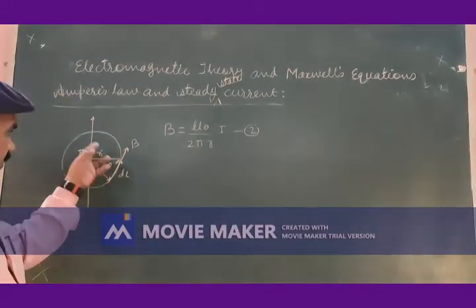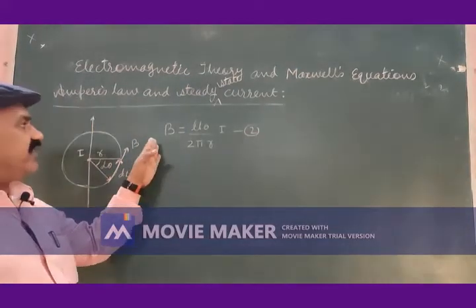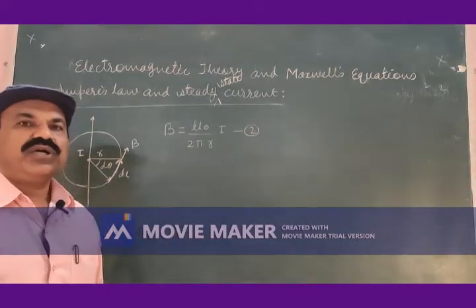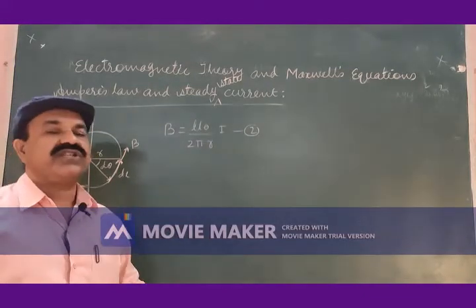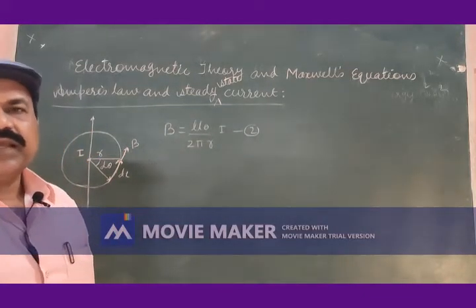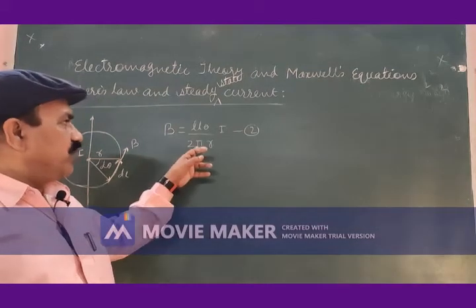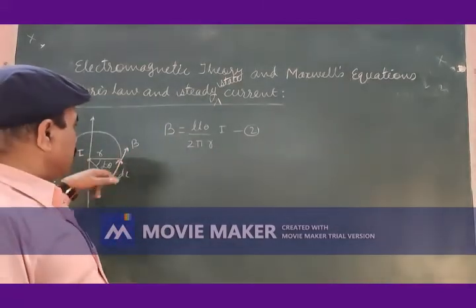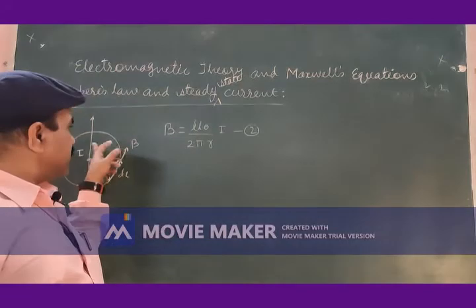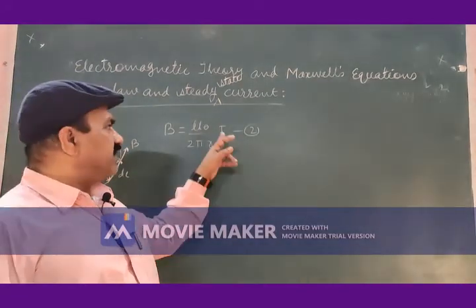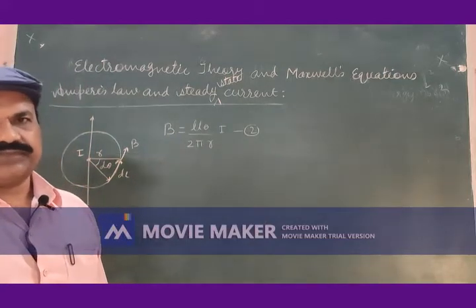At any point on this closed path, the magnetic induction due to this current I is given by B is equal to mu 0 divided by 2 pi r into I. Mu 0 is the permeability of free space. 2 pi is a constant corresponding to the closed path. R is the radius of that closed path. I is the current passing through the conductor.